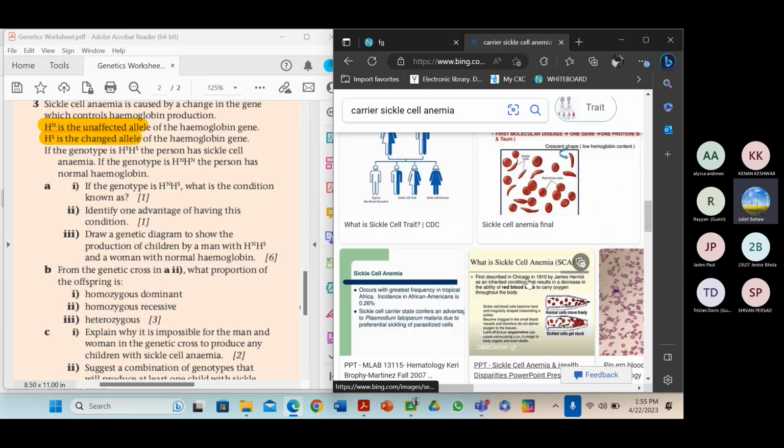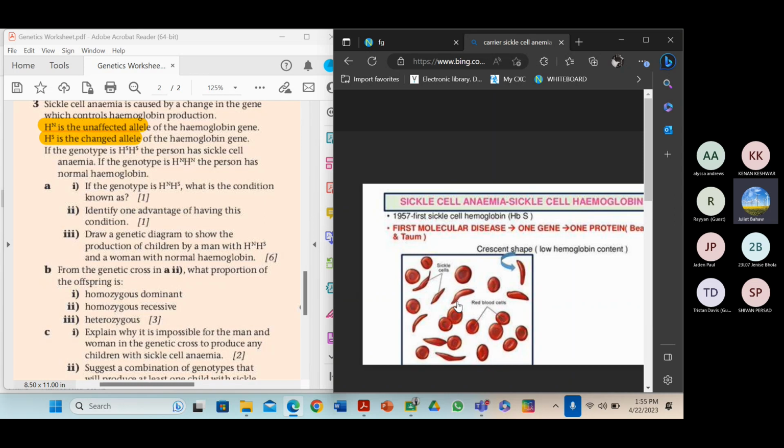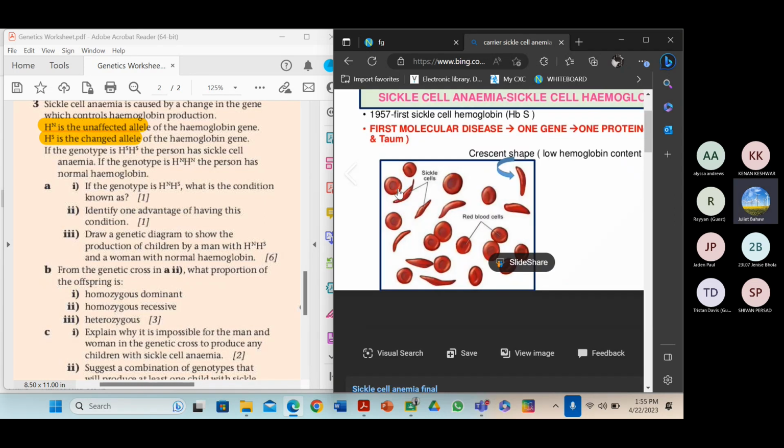Basically, the person has sickle cell red blood cells, and they also have normal red blood cells. So if they are a carrier, it's an advantage for them because malaria could only attack normal red blood cells. It cannot attack the sickle cell shape. So that is why it's an advantage to have this condition.